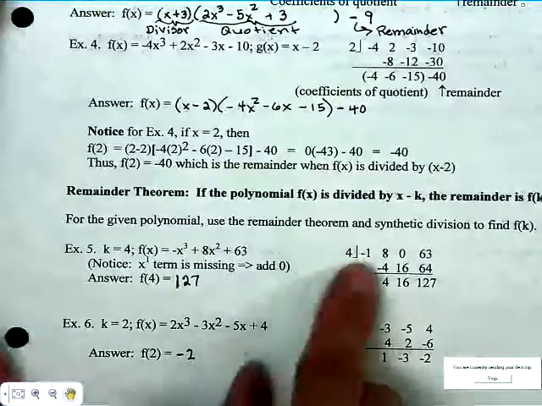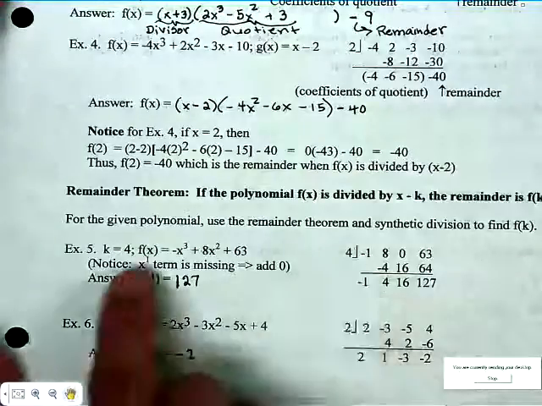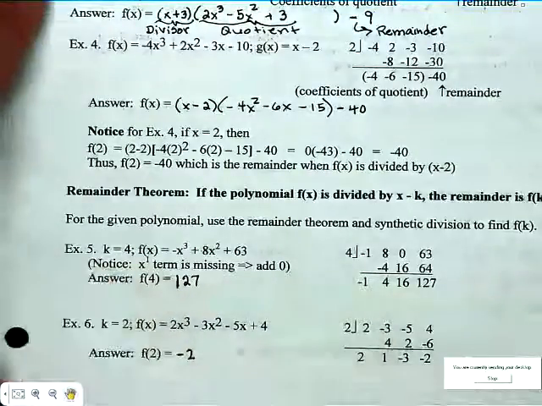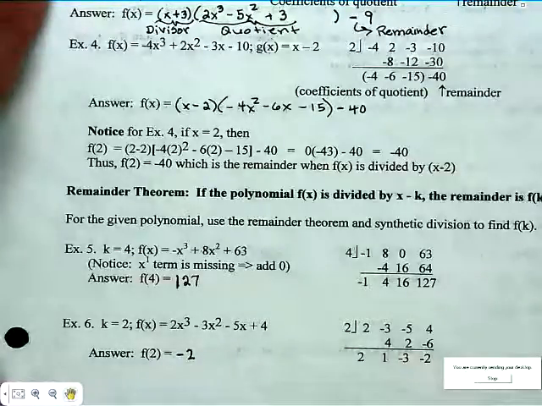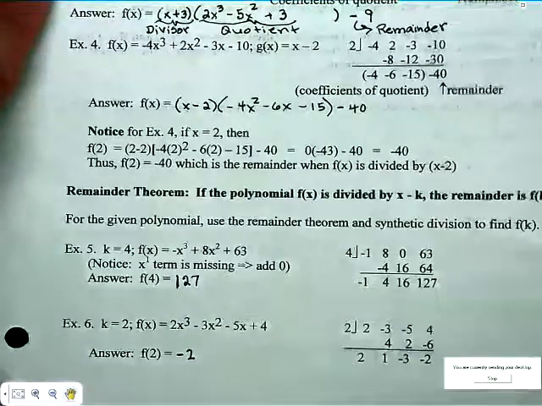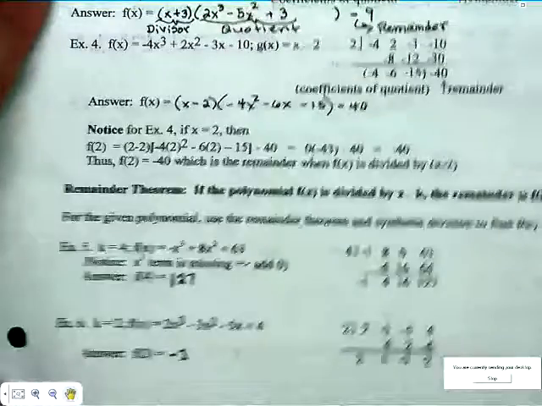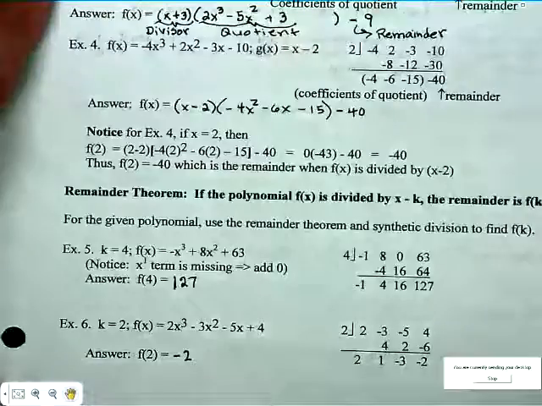That's when I'm dividing by x minus 4 that I put a positive 4 in the box. That's what the k is. Not if it's the remainder theorem, but anytime it gives you a k value, it's giving you what goes in the box. x minus that. Yeah. All right.